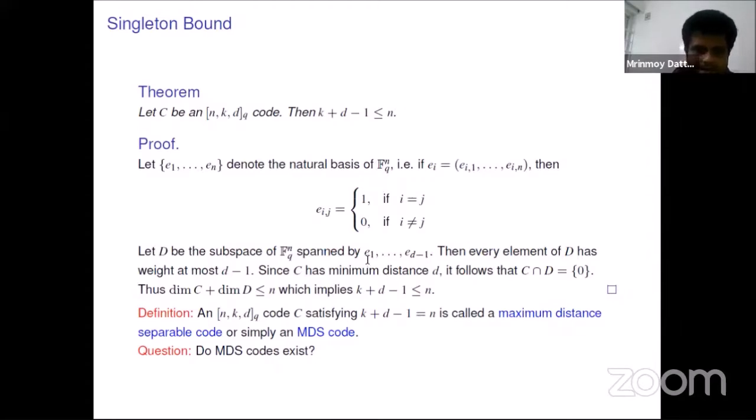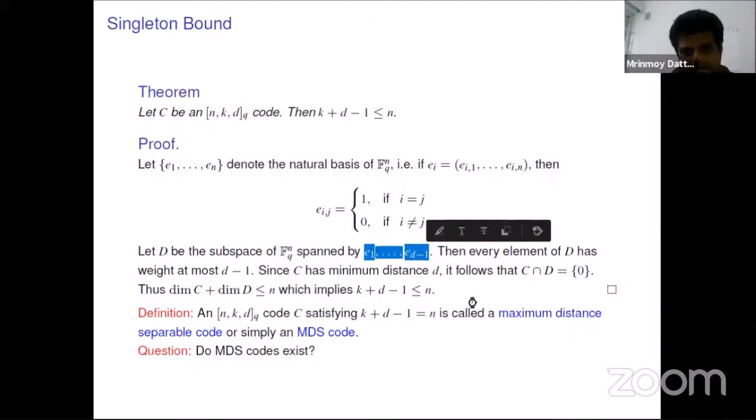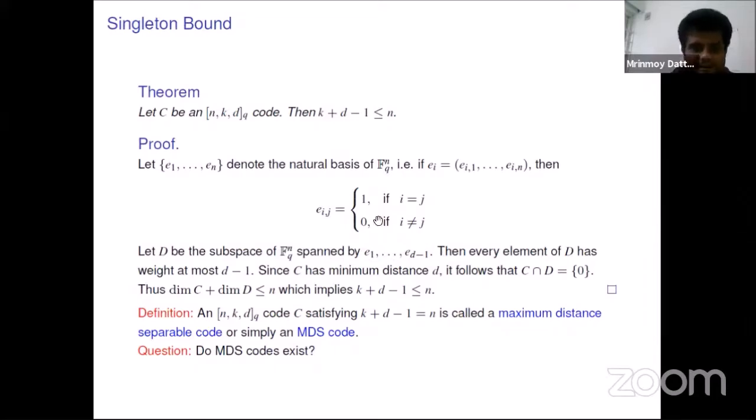So you see that the dimension of the space that is generated by these vectors is actually equal to d minus 1, and all of the vectors in this space D will have Hamming weight less than or equal to d minus 1.